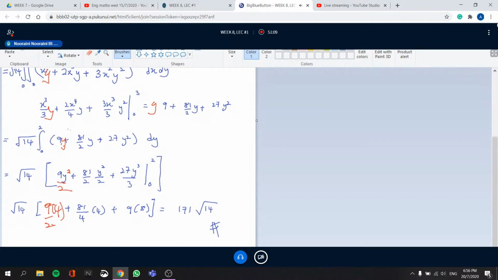So later you discuss further in your tutorials. Next week we have a tutorial, you discuss more. These integrals might be in your test 2 later, because our test 1 only covers up to line integral.